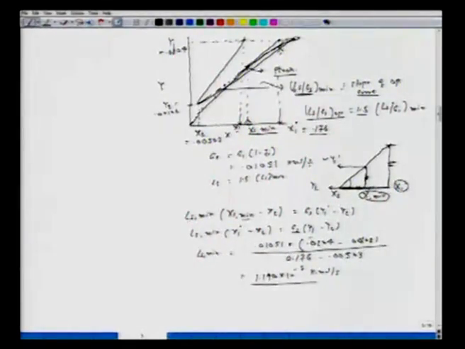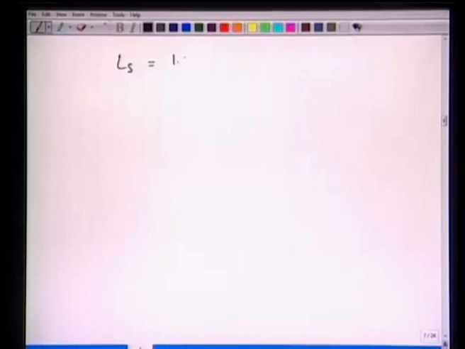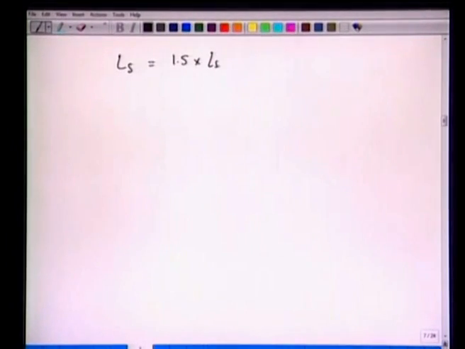We can calculate LS operating, which is 1.5 times LS min, which is 1.5 times 1.190 times 10 to the power minus 3 equals 1.787 times 10 to the power minus 3 kilomole per second.